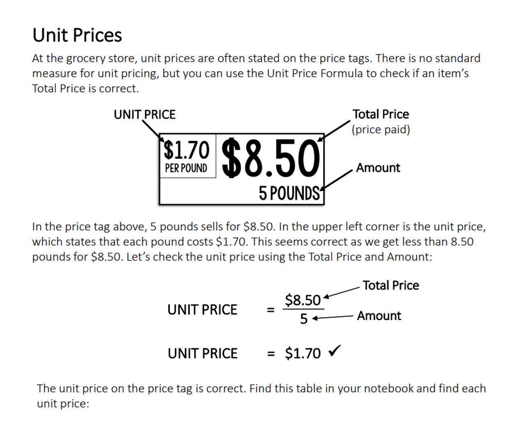At the grocery store, though, you normally have tags posted so that you can already sort of see it, and it's usually going to already have a unit price. This one is telling us the total price is $8.50, the total amount is 5 pounds, and they've already done the math for us. They've already done the $8.50 divided by 5.